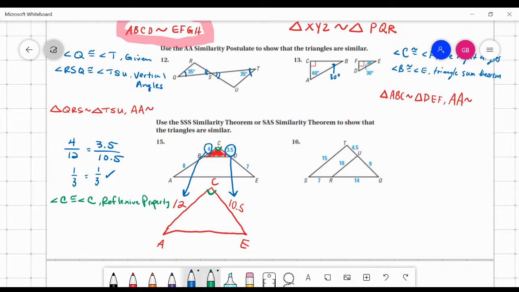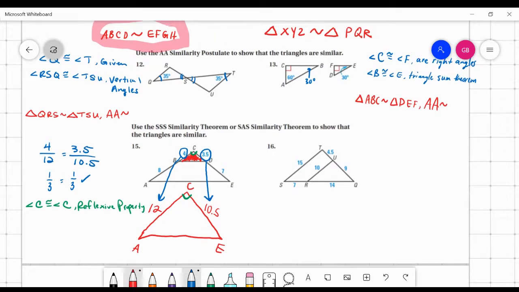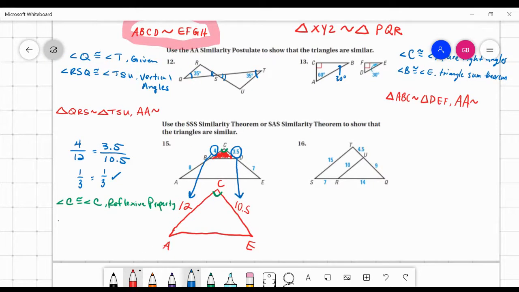Okay, so now I have side, angle, side. So the triangles are similar by side, angle, side. Okay. So therefore, triangle CBD is similar to triangle CAE by the side-angle-side similarity theorem. Okay.